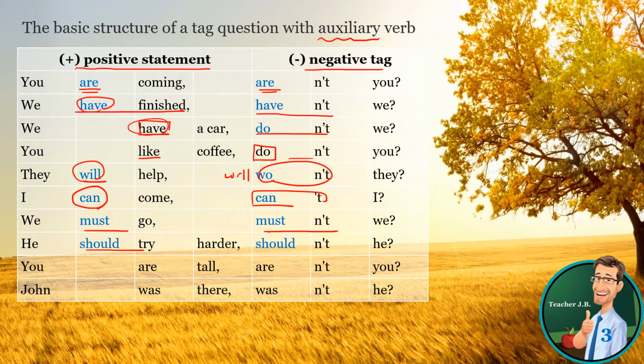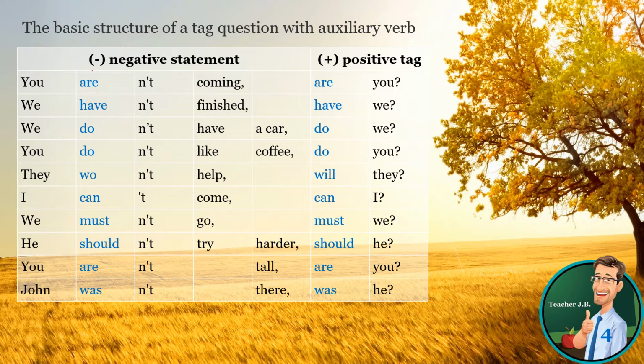He should try harder. So should is the auxiliary. We say shouldn't he? You are tall. This is not an auxiliary, this is a main verb, so we just use a negative tag: aren't you? John was there. So this is a main verb, so wasn't he?